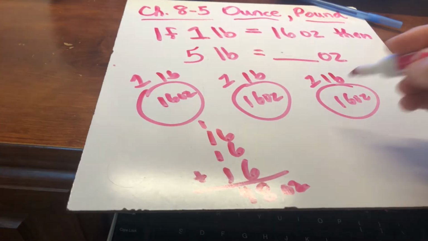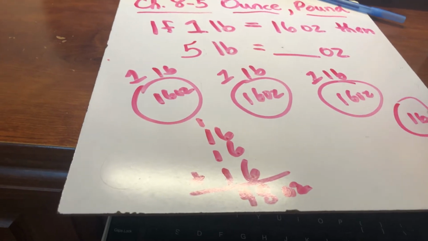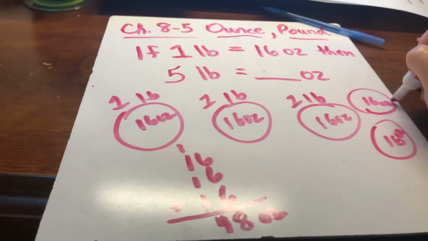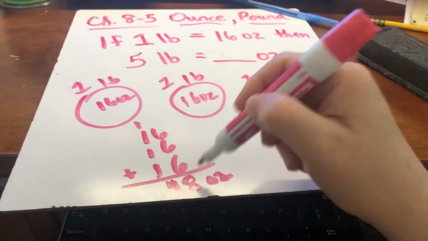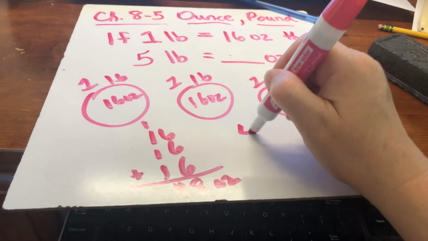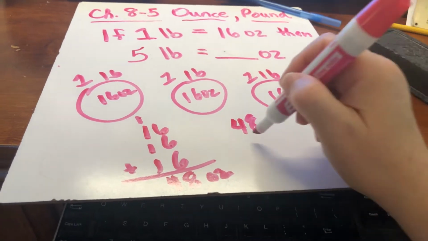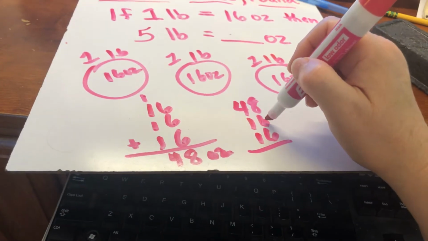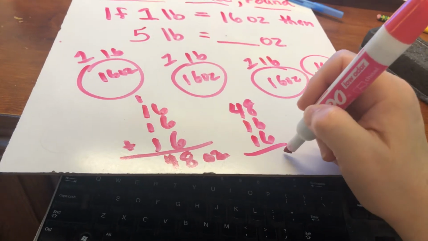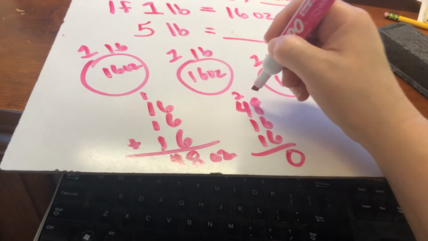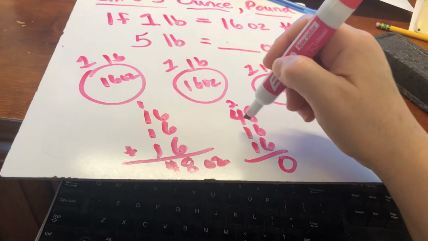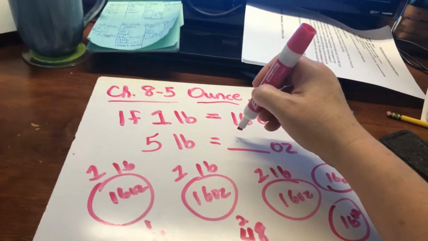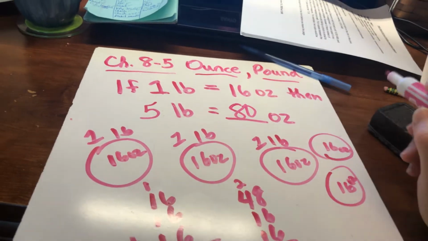So we know that would be 16 ounces and 16 ounces. We have 48 for these three, so we could just add 16 and 16 to it. We would get 12 plus 8 is 20. Put down the 0, regroup the 2. 2 and 4 is 6, 7, 8. 80 ounces would be our answer. You see how we're doing that? Okay.